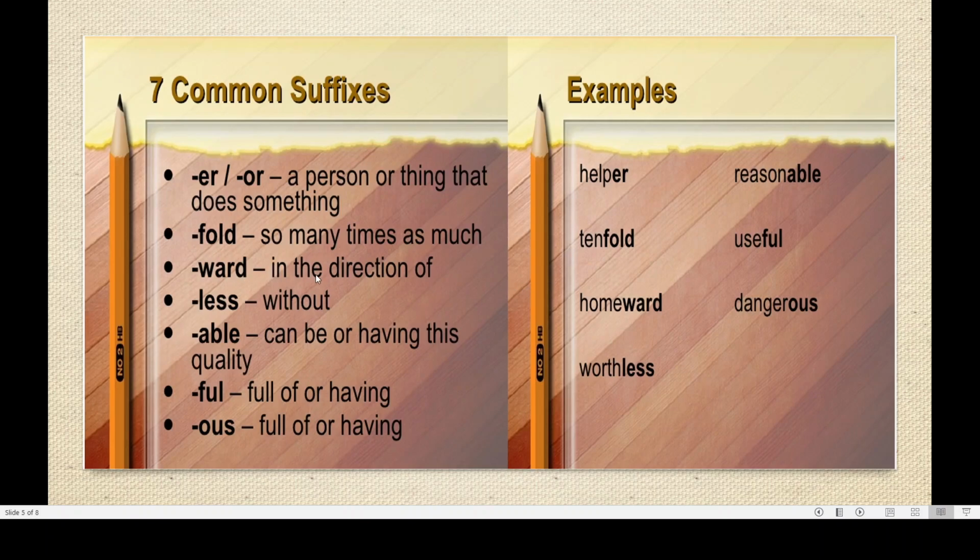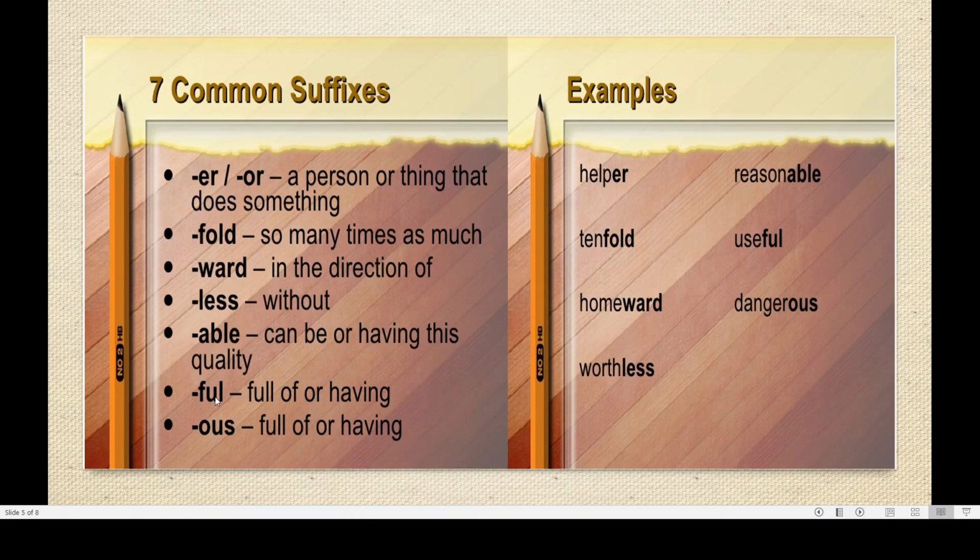Ward means in the direction of, homeward. All of you know the meaning of less. It means without, worthless. Then able can be used in the sense of can be or having this quality. The example is reasonable.